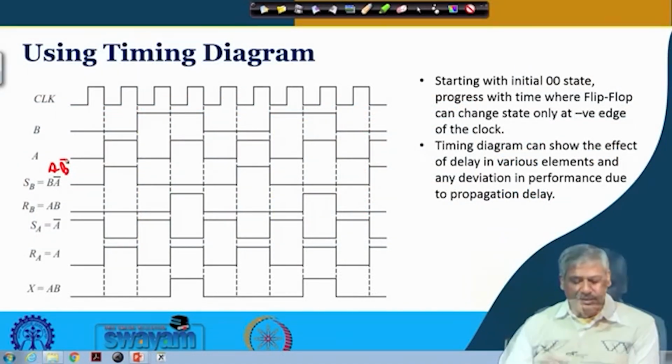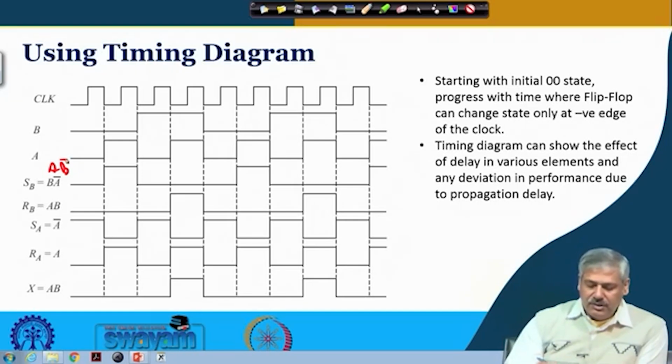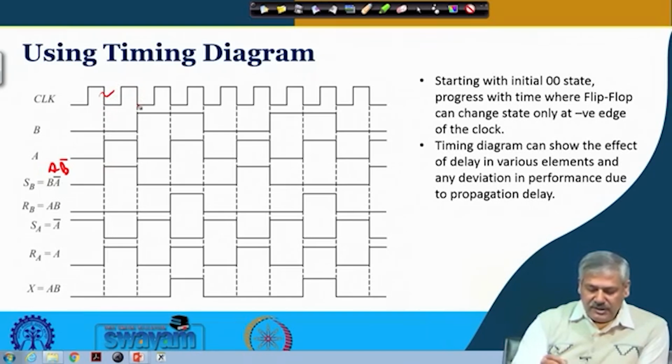So, what happens at this point when the clock trigger comes? Depending on the values that are presented, this is 0 and 0.